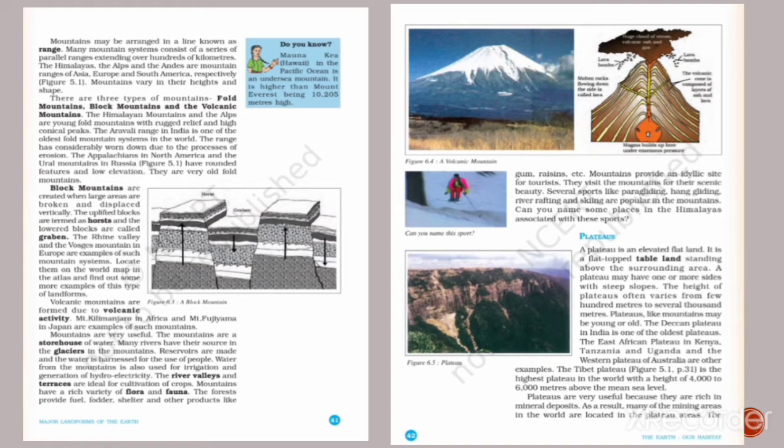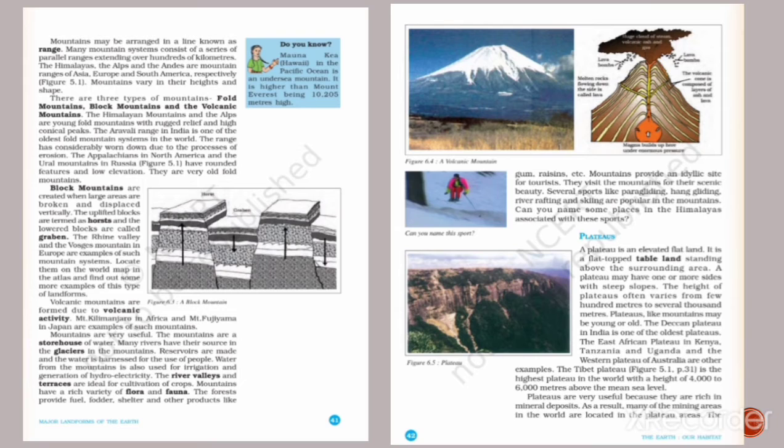Mountains are classified into three main categories: fold mountains, block mountains, and volcanic mountains. Fold mountains. These mountains are formed by the horizontal forces of compression. Due to compression, the horizontal rocks are compressed into a series of upward and downward folds called anticlines and synclines respectively.